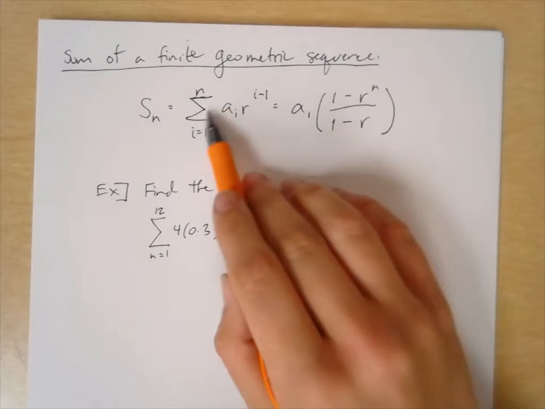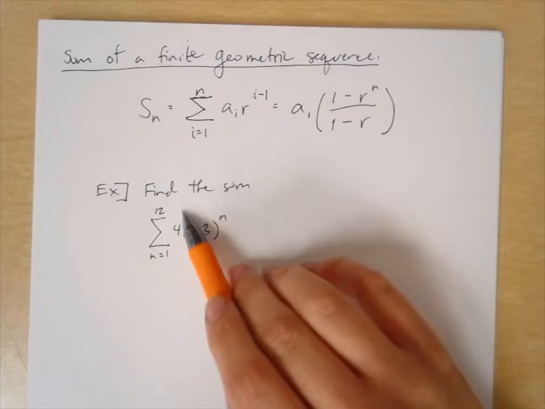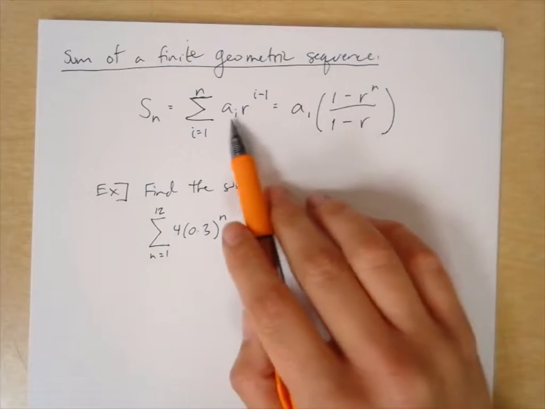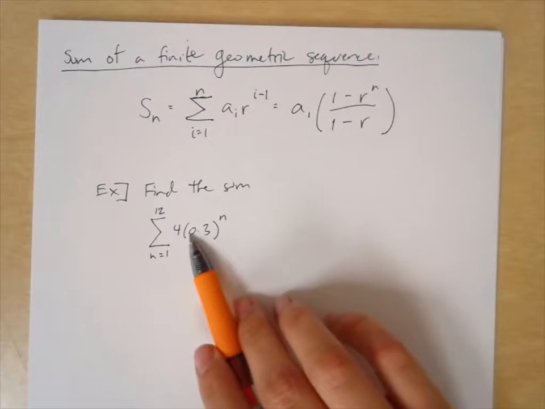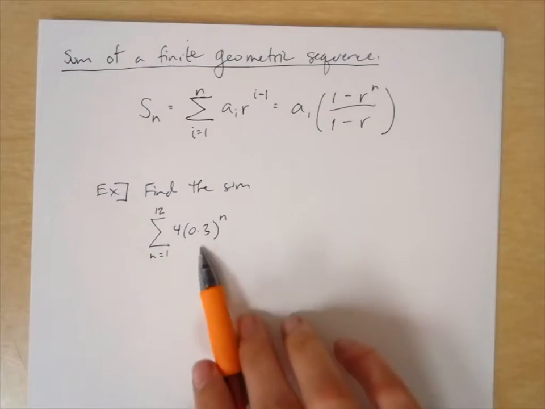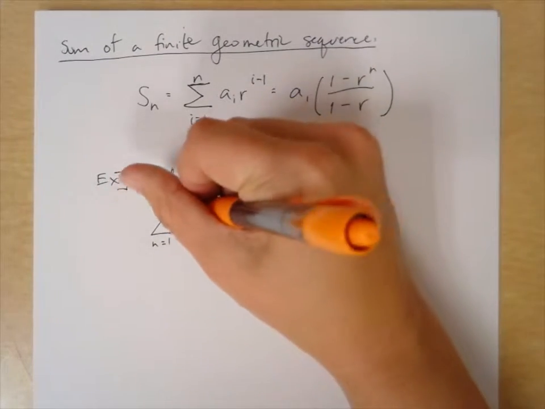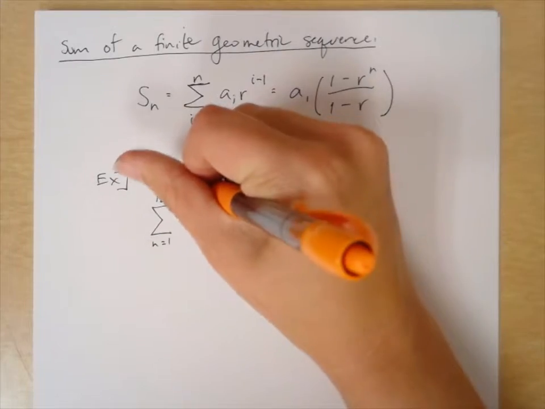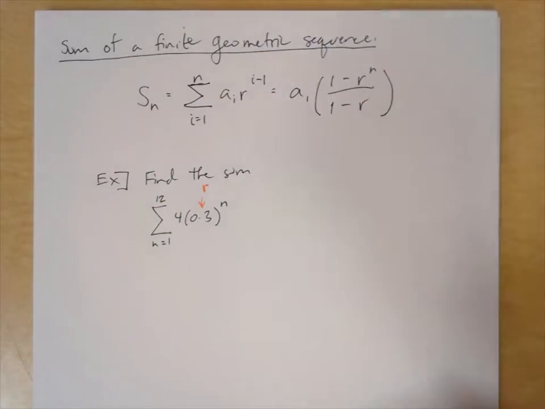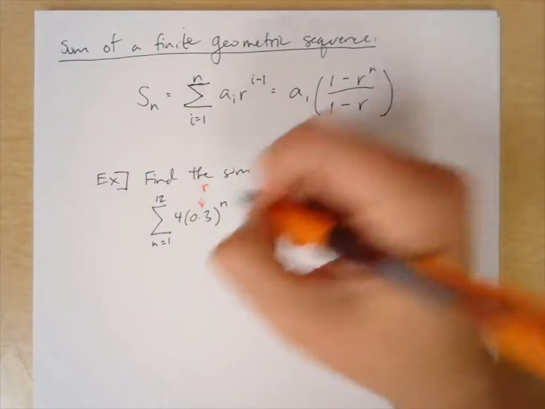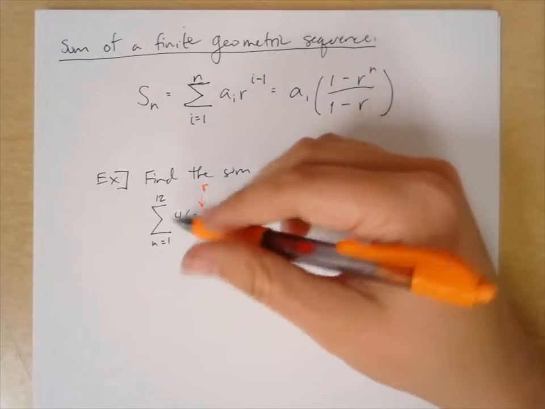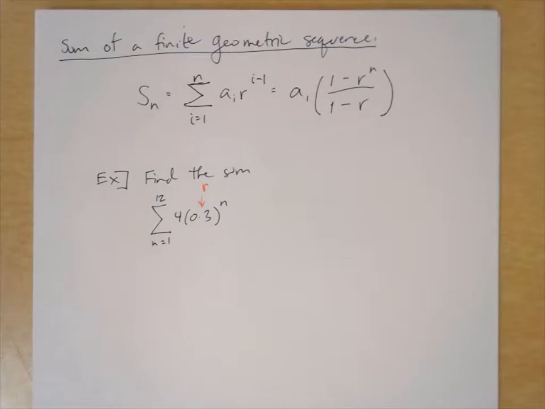This matches this right here, where we have an a sub i, and we have a ratio, 0.3, and we have that to the n. So again, 0.3 would be our ratio here, and the 4 would be like our a sub i, just the number we're multiplying by in front.